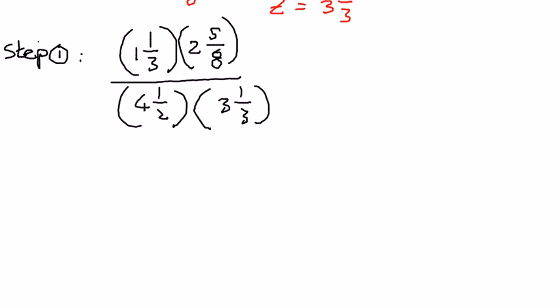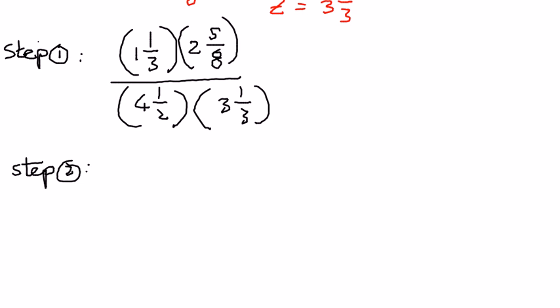So we have substituted all the values of the variables as shown here. In step 2, we're going to simplify the numerator part, and then we'll simplify the denominator part, and then we will simplify the complex fraction.